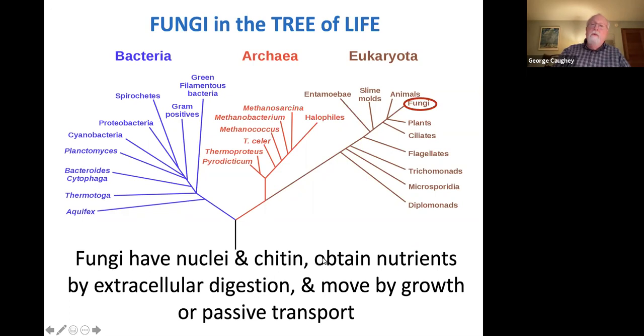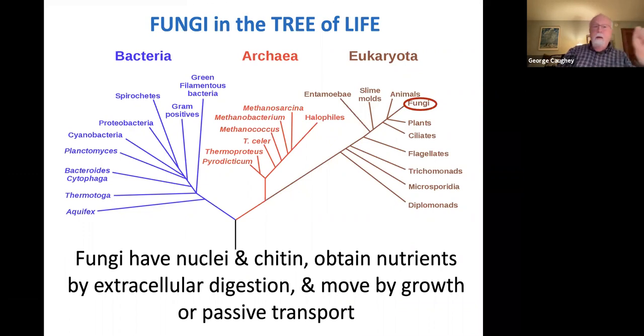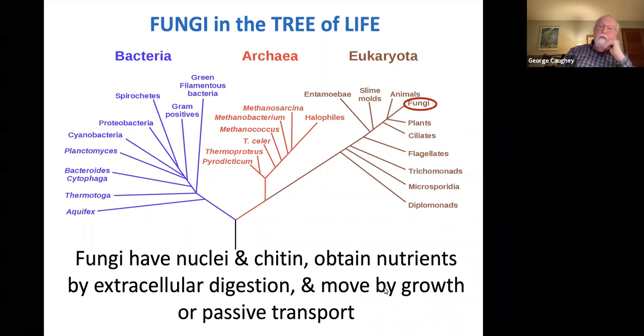Certainly makes it different from us, meaning humans and other mammals anyway. And unlike us, they obtain their nutrients by dissolving stuff right outside of them. So they secrete a bunch of enzymes that turn whatever's out there into digestible food. Unlike us, because we eat it and we digest it inside of us.